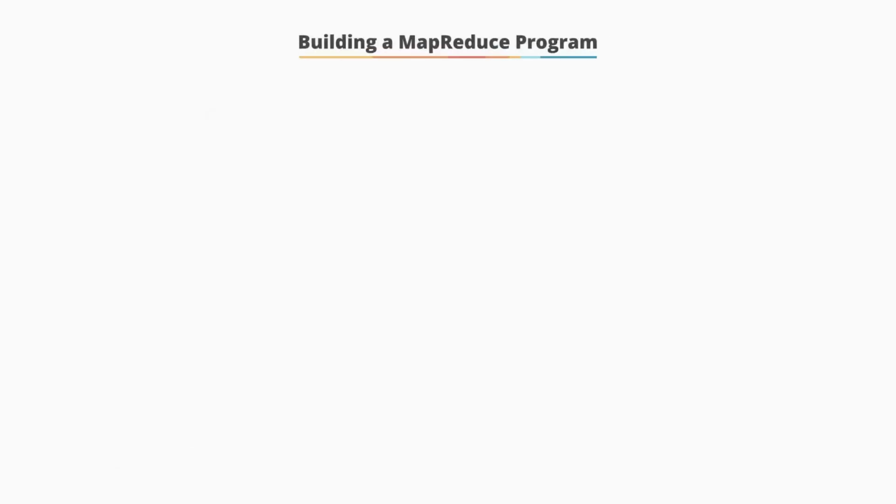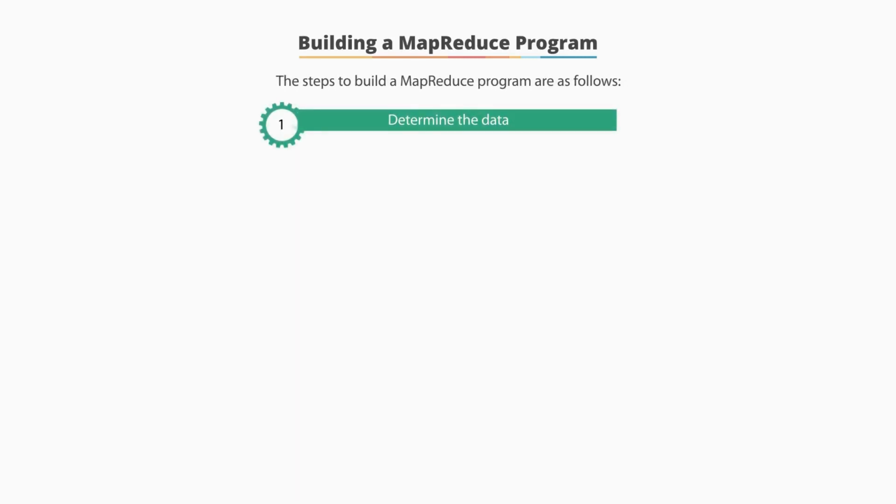Now let's look at the steps of building a MapReduce program. First, determine if the data can be made parallel and solved by using MapReduce. For example, you need to analyze whether the data is write once, read many, or WORM-type data in nature. Then design and implement a solution as a mapper and then reducer class within your code.